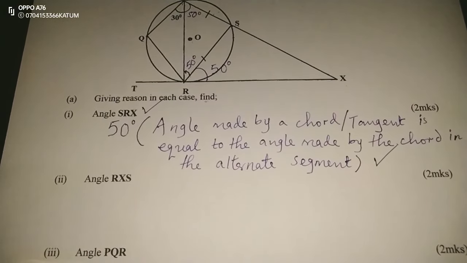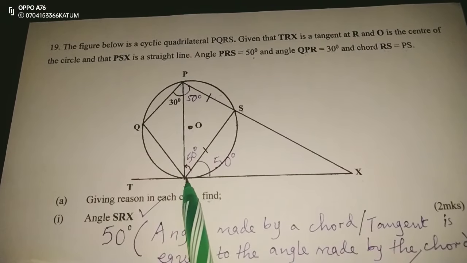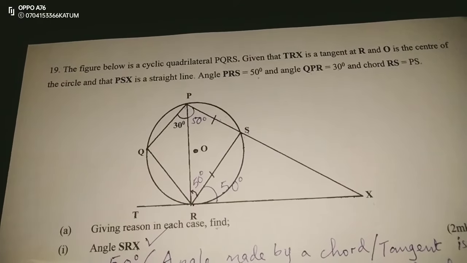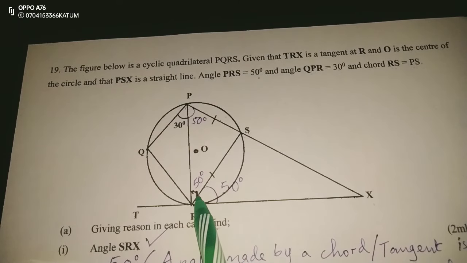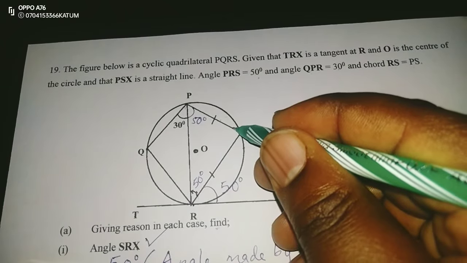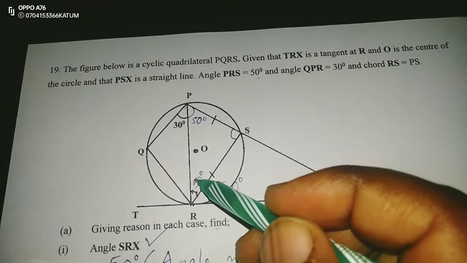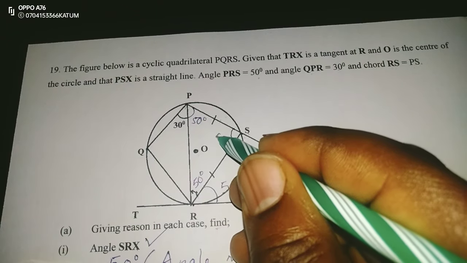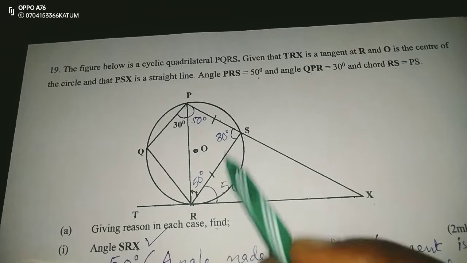Part 2, angle RXS. Now we should calculate this one very carefully. We know that these and these are making a 50, and now that PSR is a triangle, the remaining angle can be obtained such that because 50 plus 50 is 100, then this one becomes 80 degrees, because we should be having 180 inside the triangle.